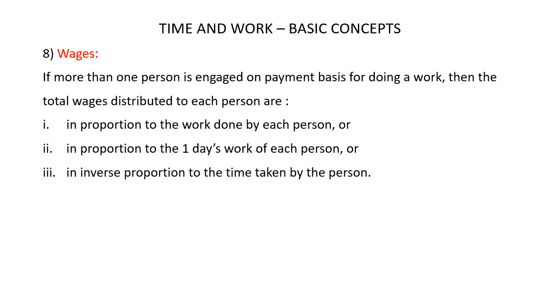The total wages distributed to each person is in proportion to the 1 day's work of each person. This means the person who does more work in 1 day gets more wages. Total wages distributed to each person is in inverse proportion to the time taken by the person. This means if the person takes more time to complete the work, he gets less wages.